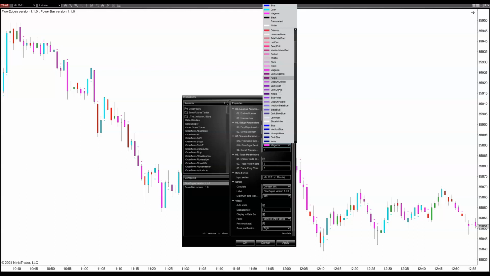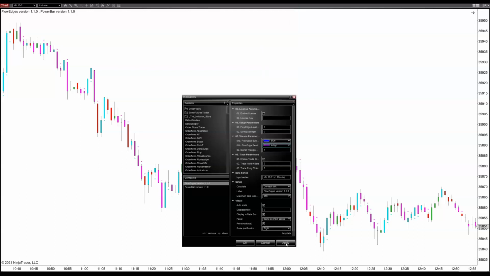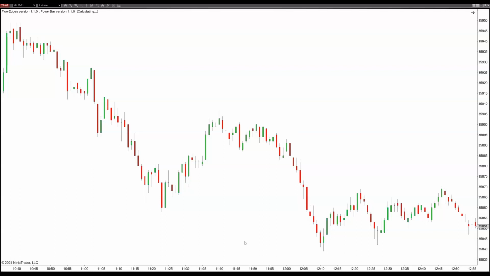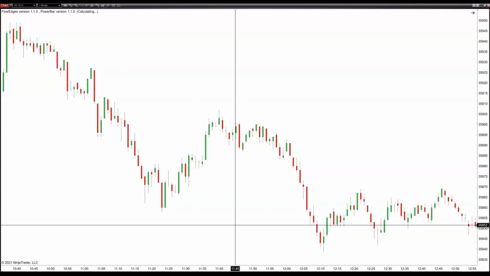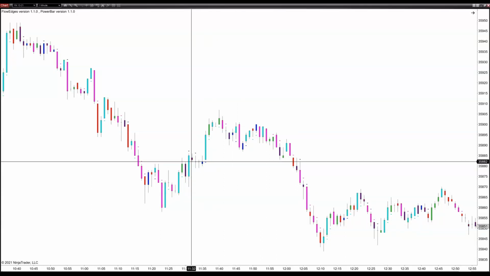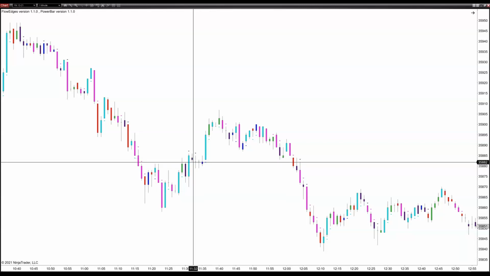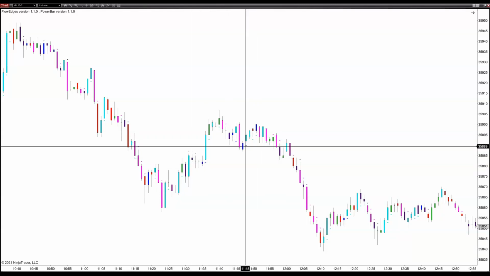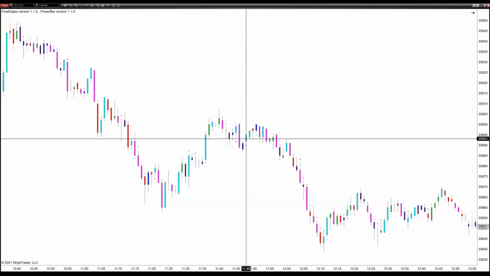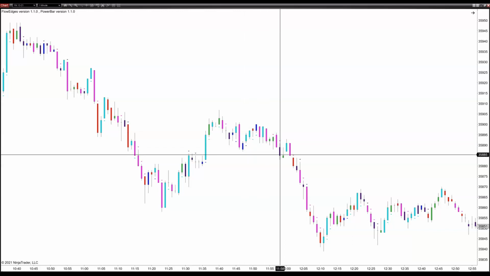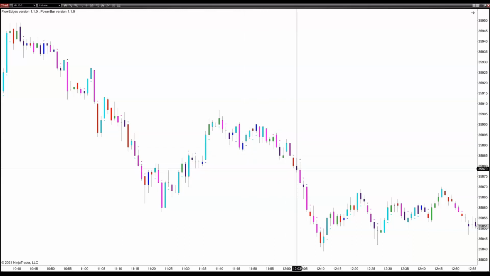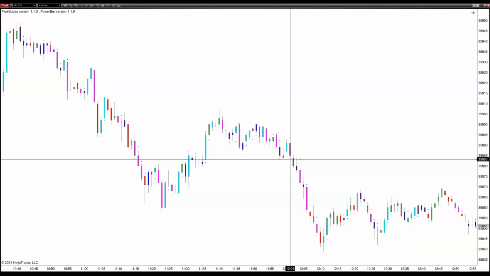I'll use indigo. So you can see here, dark blue, right? The magenta, this is a dark red. Dark red, dark red. So you can see it.